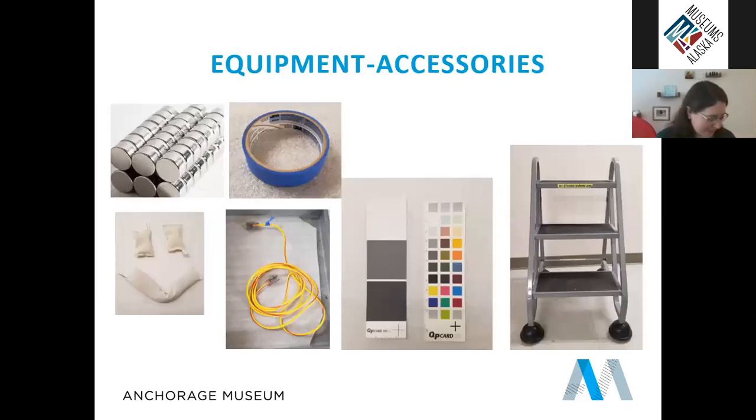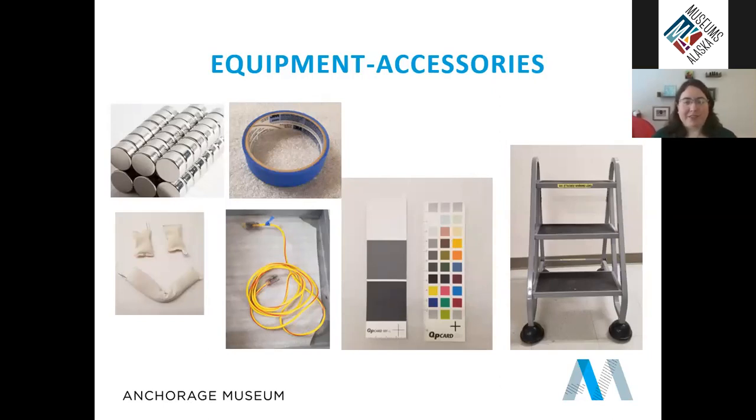So these are just some of the accessories you might have. Like I said, magnets have really been helping me out lately, because there are a lot of metal surfaces, bookshelves or cabinets in our collections areas that you can attach them to if you don't have a fixed space. If your object's a bit roly-poly, you want to have some weights or supports to hold it in place.